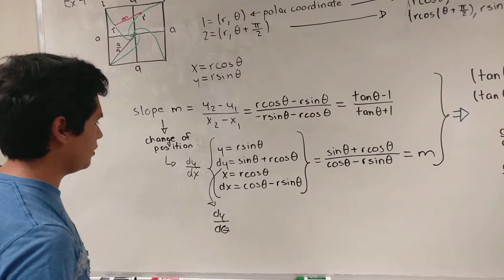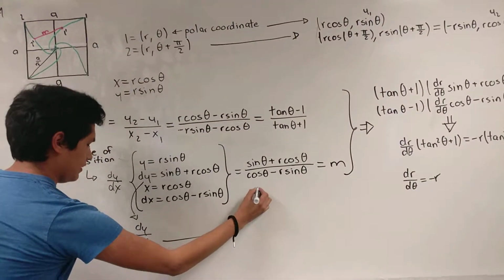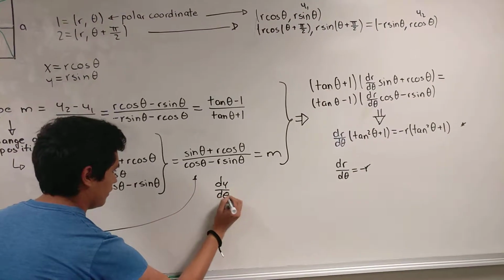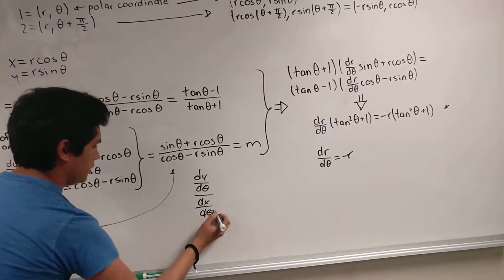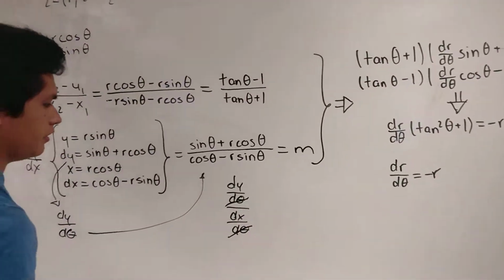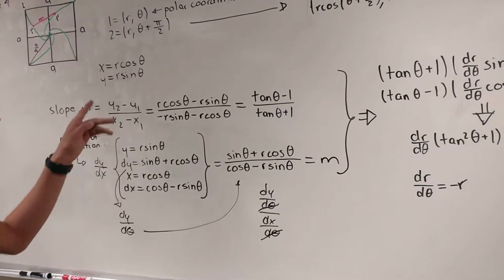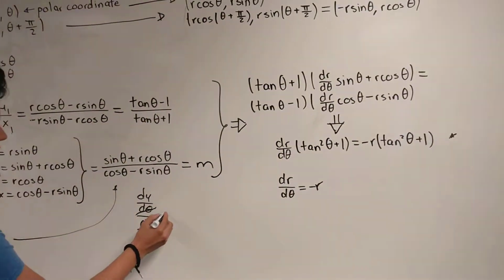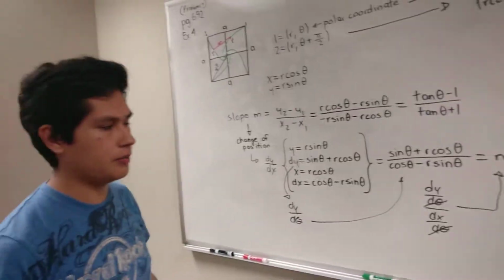So basically what we're going to have here is dy d theta over dx d theta. As we know, the d thetas are going to cancel out. That's why we can prove that this is dy over dx based on the x and y coordinates that we have. Now what follows is that we know it's a rate of change, and it's also the slope of how the bug is moving.